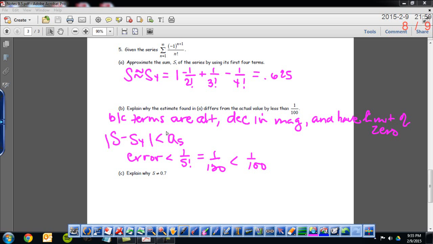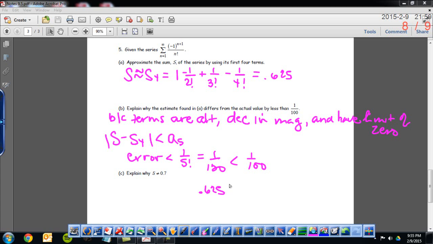What I mean by bounded by the absolute value of that first neglected term is that whatever your approximation was, like in this case, 0.625.